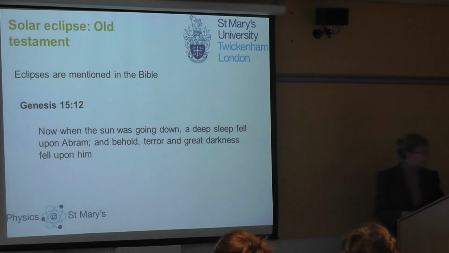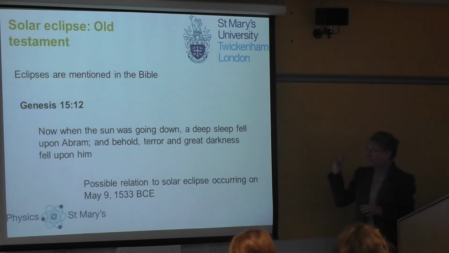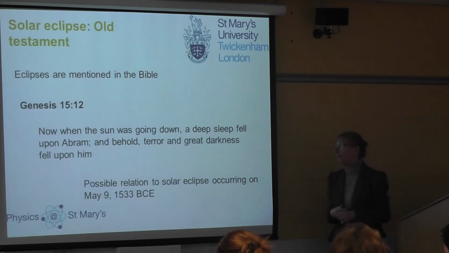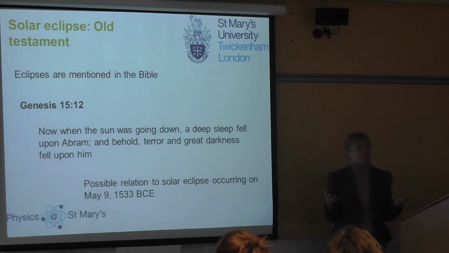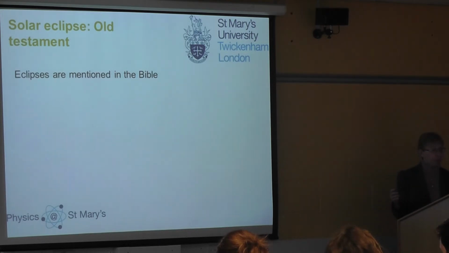And in fact, there is a possible relation between this passage and a solar eclipse that really happened on May 9th, 1533 BCE, which was the period where Abraham could possibly have lived. So that's how even the Bible can be a nice point of reference to see when eclipses were happening.